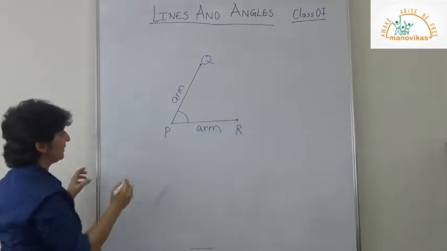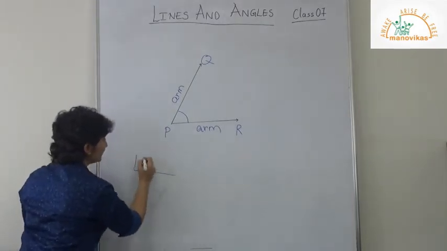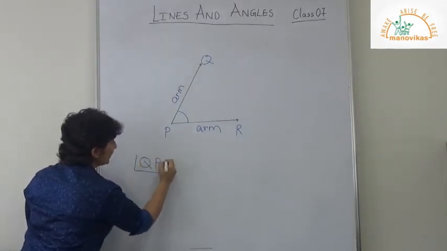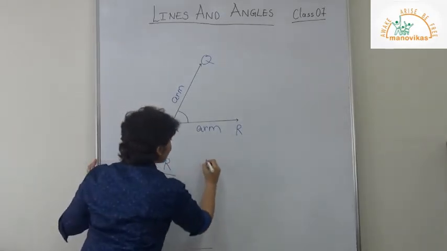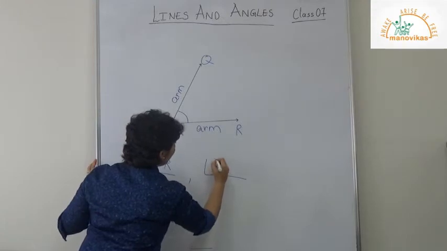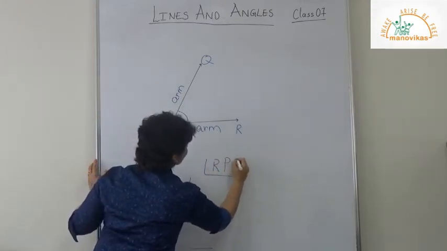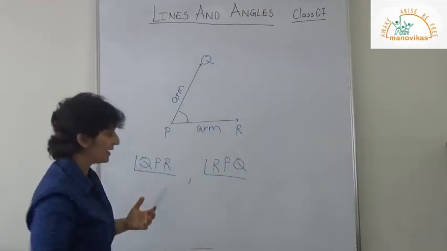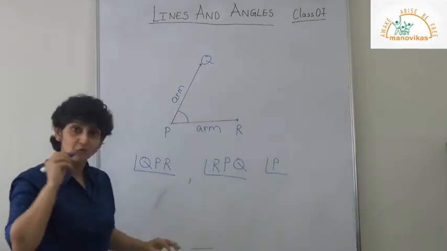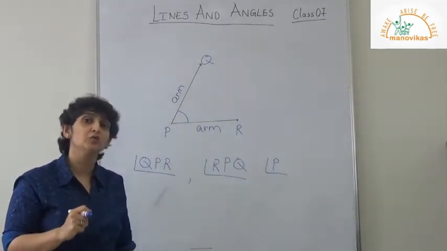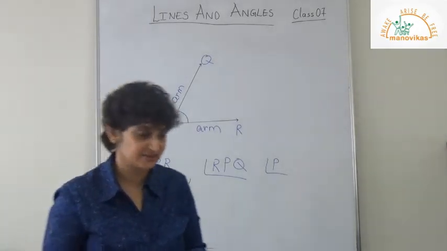I can say it as angle QPR, or I can say it as angle RPQ, or you can simply name it as angle P. So have you understood? Now let's move on to the types of angles.